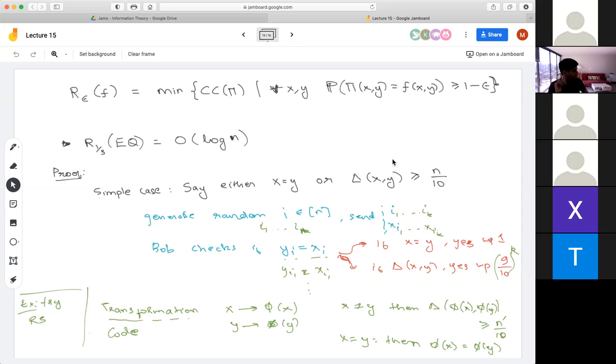It might be like log squared n. Maybe the issue is, how do you say whether they differ in the first n over 2 indices? So you're going to run an equality protocol on the first n over 2 indices, and you're going to run an equality protocol on the last n over 2 indices, right?